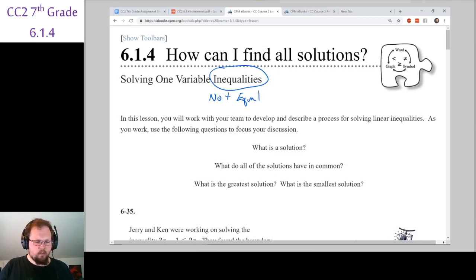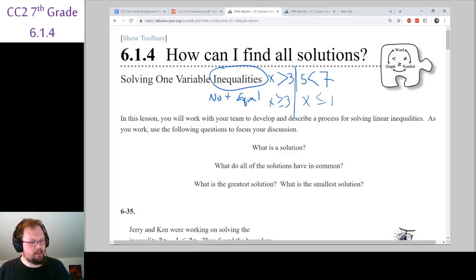When it is not equal, that means that it's using something like greater than, less than, such as x is greater than 3 or 5 is less than 7. You can also have an inequality that is something like x is greater than or equal to 3 or x is less than or equal to 10. So inequality just means that it is strictly not equal.